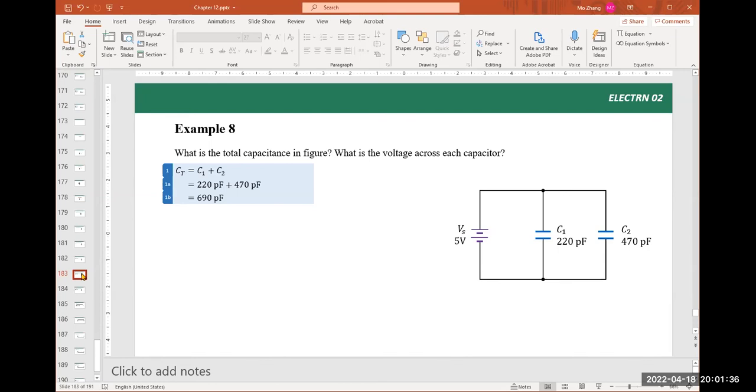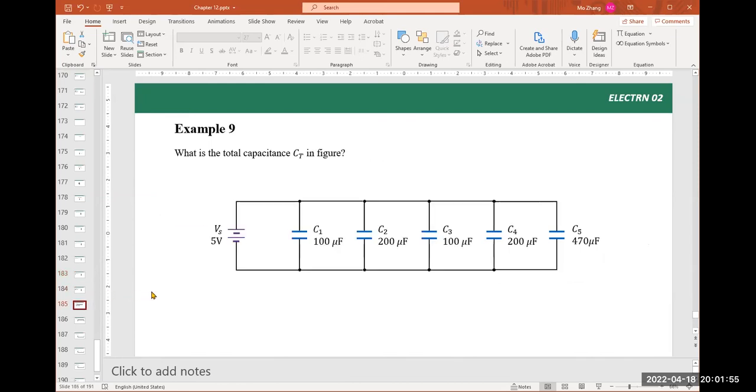The total capacitance is increased, expanded, right? Rather than putting them in series, where it is decreased, shrunk in value.